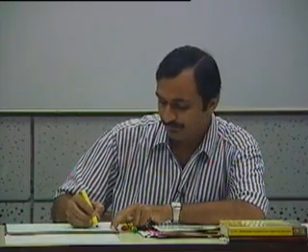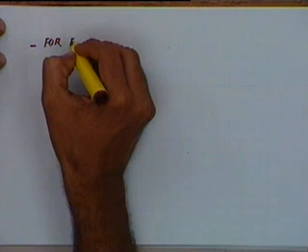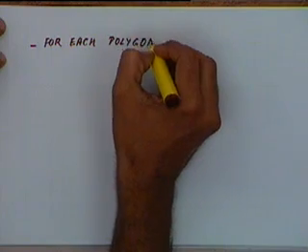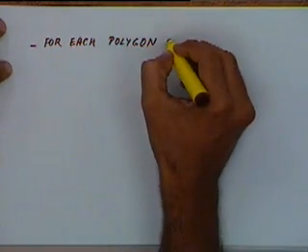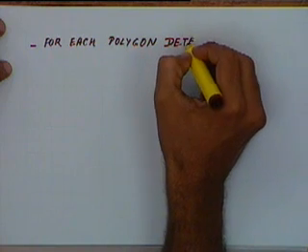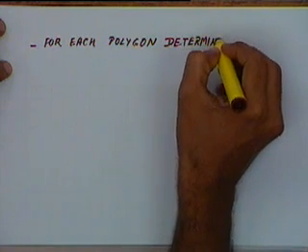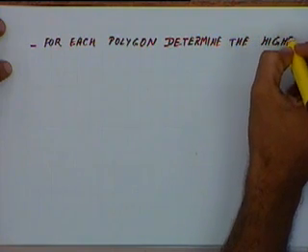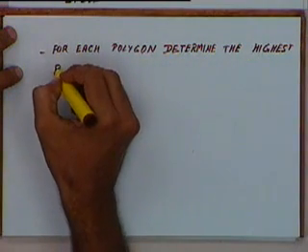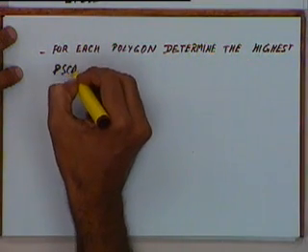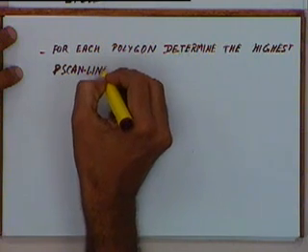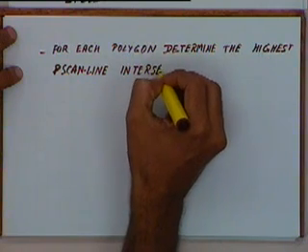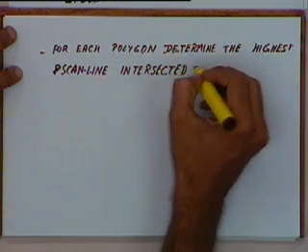The first step will be, for each polygon, determine the highest scan line intersected by it.